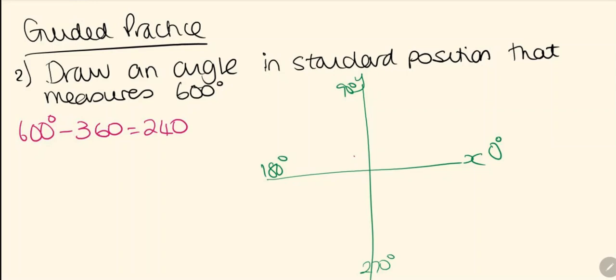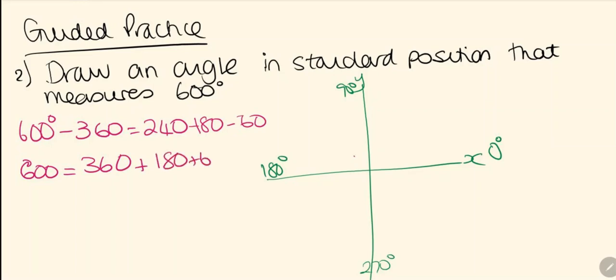So we know we're going to do a full turn. 240, if we subtract 180 from that, we will have 60. So we're going to do 360 plus 180 plus another 60.